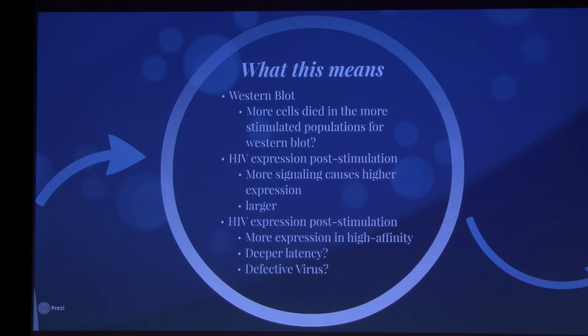But then there was some confusion about this, basically because the cells that were less stimulated also had lower expression after being re-stimulated. So this could mean that there's even deeper latency, like these cells are still capable of producing HIV, but even after being stimulated so strongly, they still didn't produce anything, meaning that we're just not able to reactivate them.